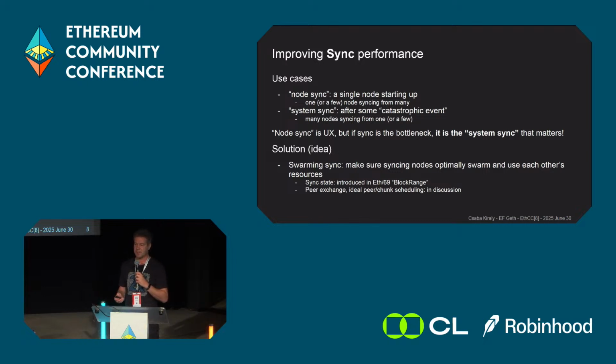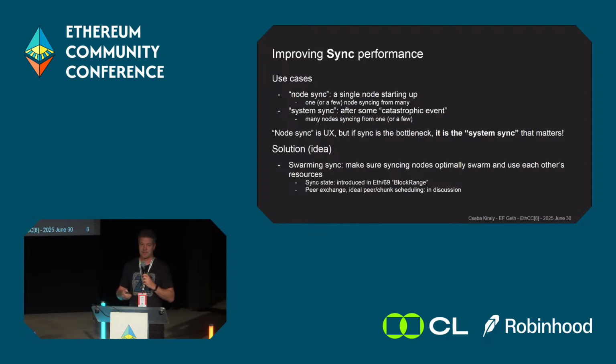The second one is more of a problem. The node sync is more of a user experience problem, how much time you need to actually be part of the network. System sync is instead more of a system-level problem. And it becomes a scaling problem. What if we scale the throughput, and then your system syncs become much heavier, and then we might get to a point that we cannot sync all the clients at the same time.